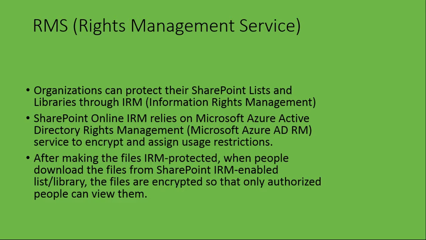After we make a list or a file IRM protected, if a person downloads a file from SharePoint, it already has those locks inside the file, or it makes the file encrypted, and it has the access rights or the usernames inside the file, so that only authorized users can take action with the document.